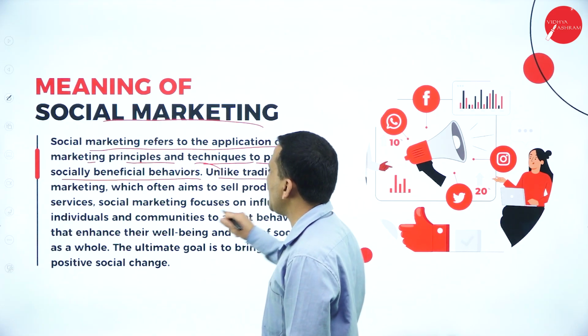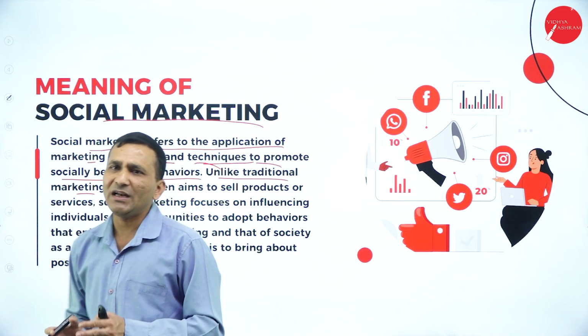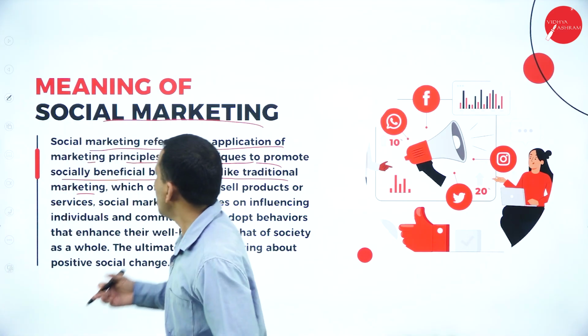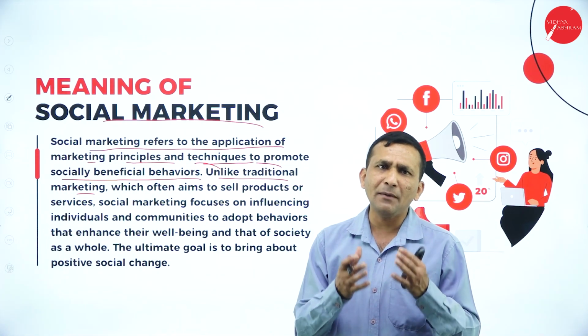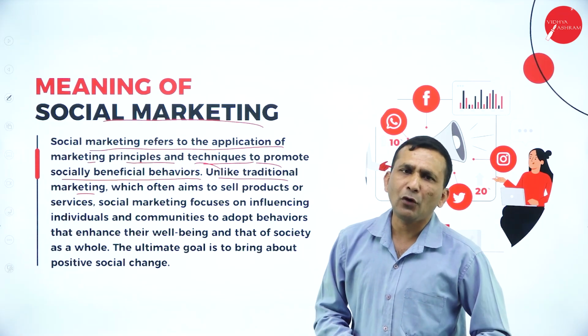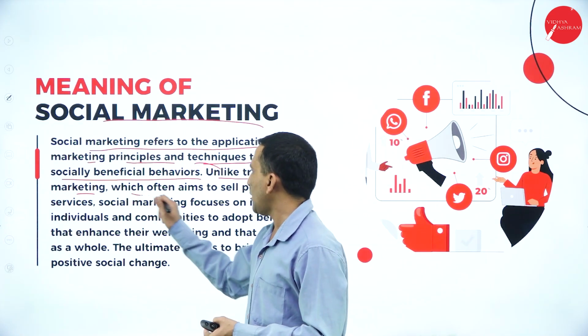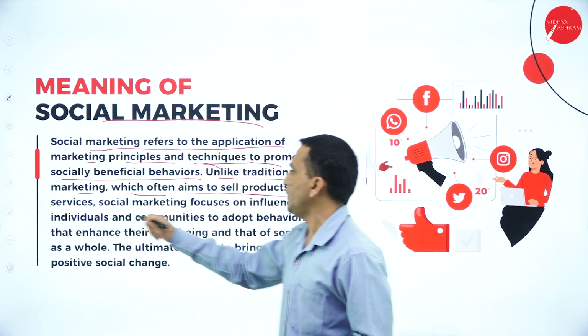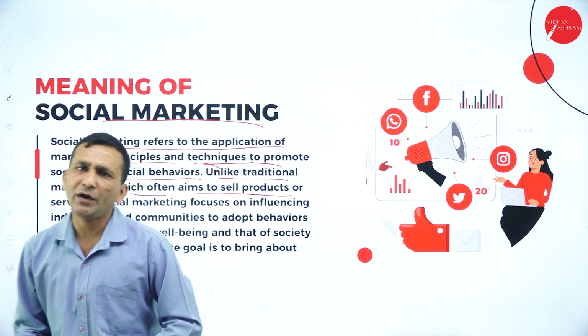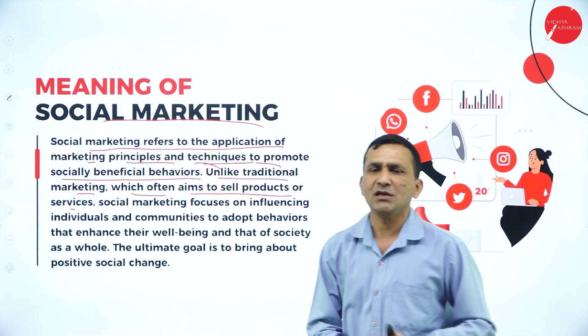Now, unlike traditional marketing, where we are focusing only on aggressive sales, here in the social approach, we are giving priority to the society when we are offering a product. The social consumers are getting a lot of benefit, which often aims to sell a product or service, either a physical product or an intangible product like a service.